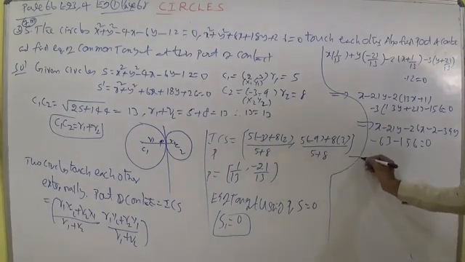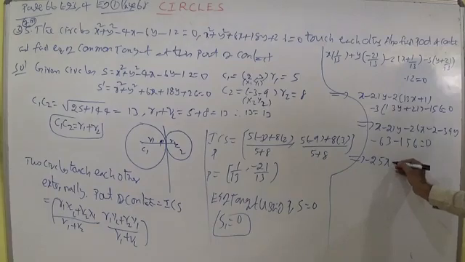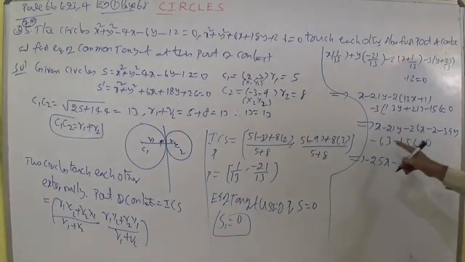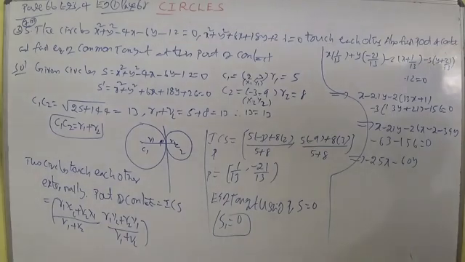X minus 26x you can write as minus 25x. Next this is 60y. This is 2, 3, 63, 63 and 156. 65, 65 and 156.